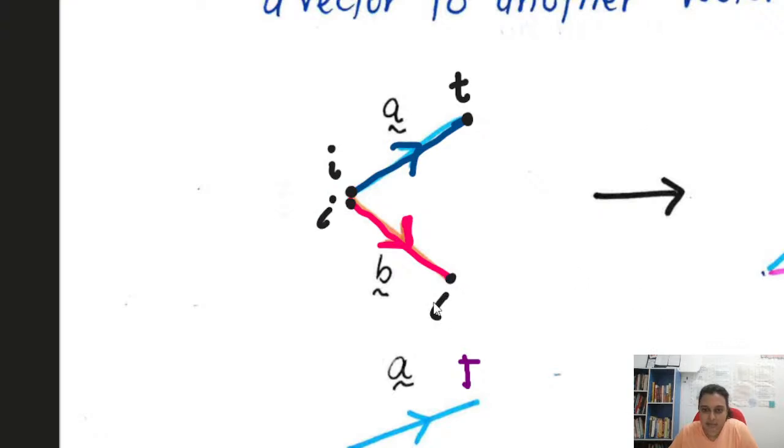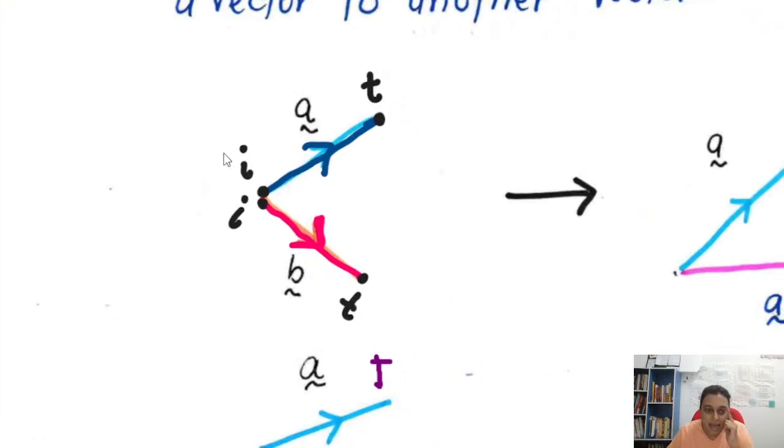Ini ialah terminal. Okay? So, kalau initial dengan initial, sini terminal dengan terminal. Okay, if here is initial, terminal, you cannot create like this. Cannot create a line. You can only create line from initial to terminal.